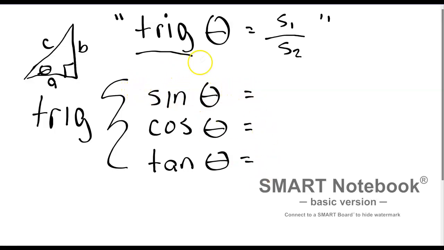Just the fact that I'm dealing with a triangle, and we're talking about a theta, and it involves trigonometry, the first thing I'm going to do is come to my triangle and quickly label what I know.